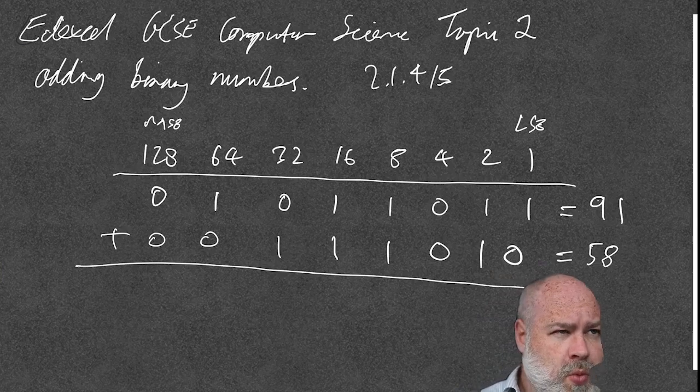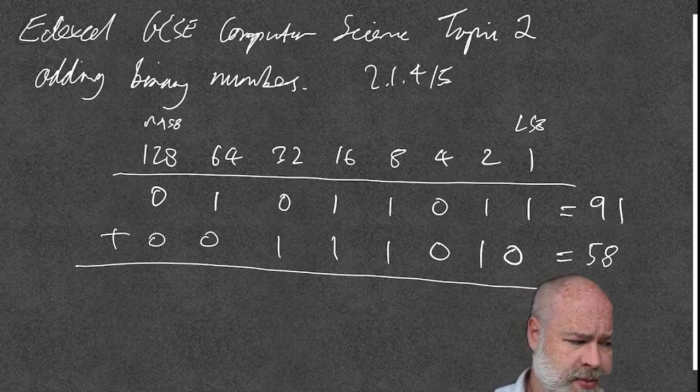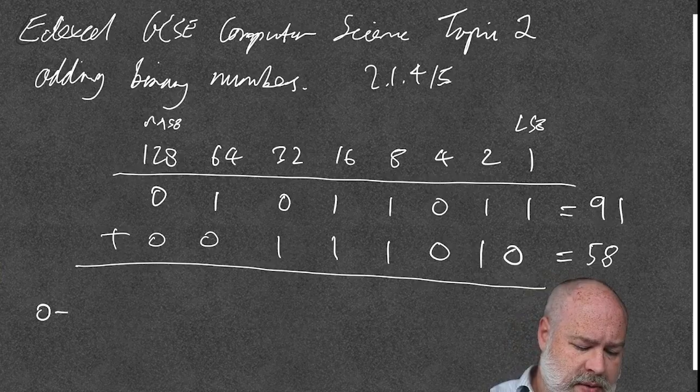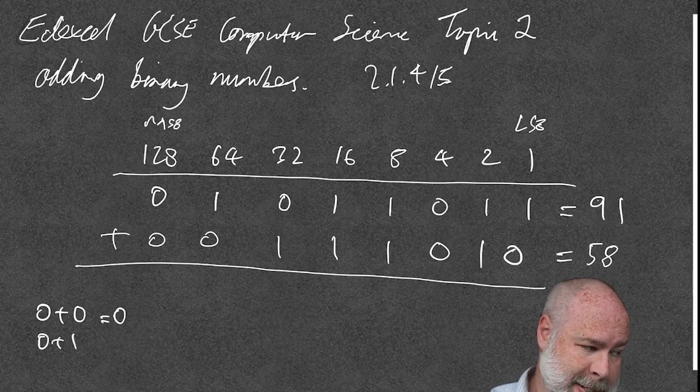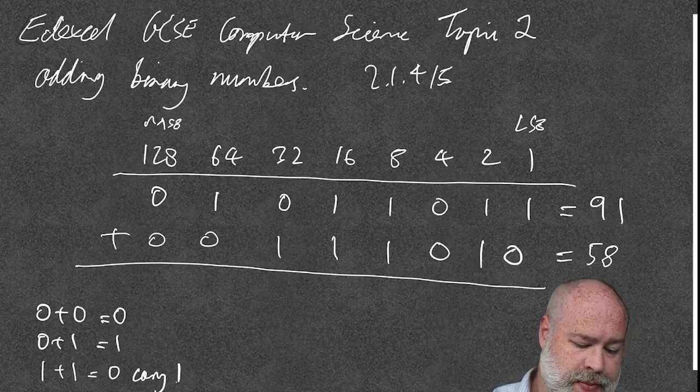Now, I'll show you what the books show you, and I'm going to give you a method which I think is slightly better. So the books will say, remember 0 plus 0 equals 0. They'll say 0 plus 1 equals 1, and then they'll say 1 plus 1 equals 0, carry 1.